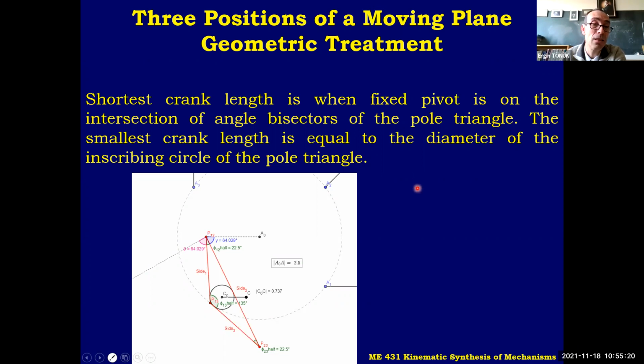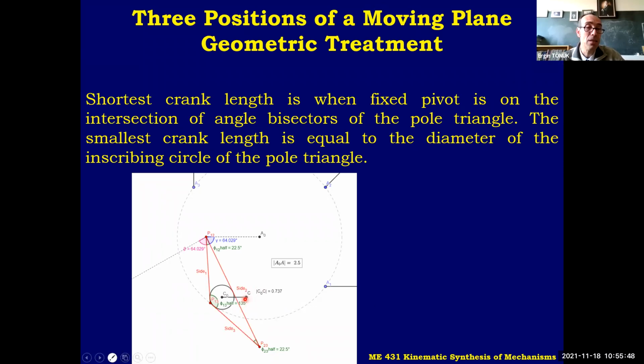Well, its size is limited. You can't go smaller than that for 3 positions, which is actually the diameter of this inscribing circle. And actually, this is the shortest crank length. You can find the corresponding point C by kinematic inversion, which I'm going to show later.